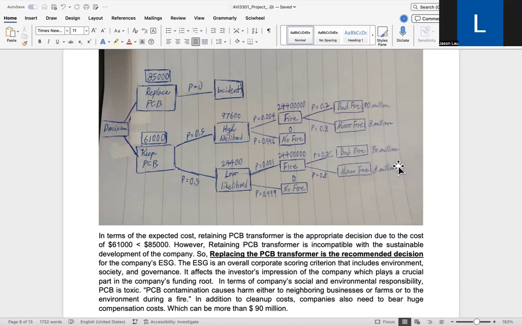On the minor fire, the budget is still 8 million and the probability is 0.8. Going back to the keep PCB branch, the high likelihood probability is 0.5 and the low likelihood is 0.5. Okay, next part is Jason.